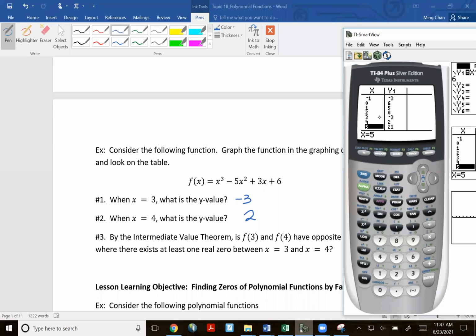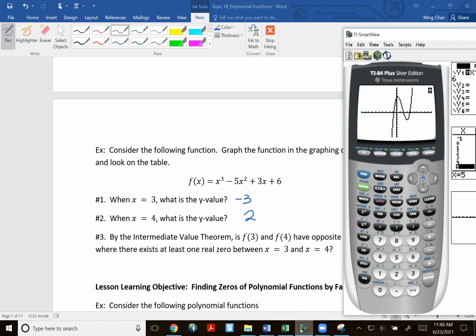Well, when you have two different x values, if the y values have opposite signs, that means the graph has actually crossed over the x-axis, because one y value is negative and one is positive. If one y value is positive and one is negative, that means the function has crossed over the x-axis.